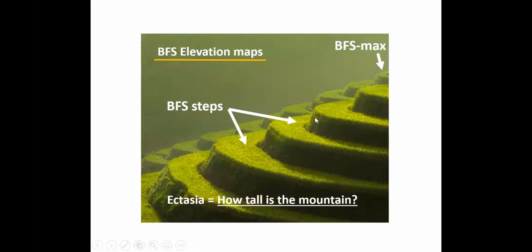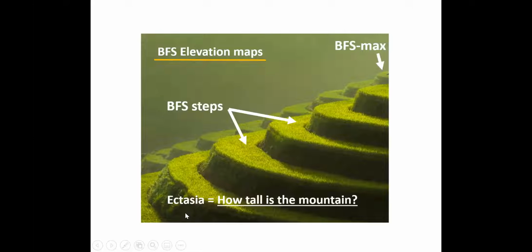Imagine a mountain, and in my native country, Peru, we have many of these terraces in the mountains. The terrace at the top will be the maximum best fit sphere, and every terrace will be the steps we see in the best fit sphere maps.